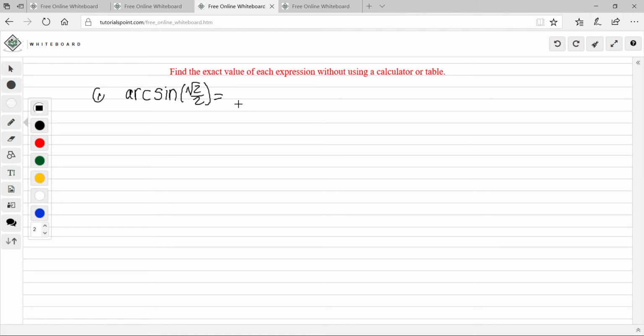You can actually rewrite this as sine inverse, because arcsine and sine inverse are the same, so you can rewrite it as sine inverse of root 2 over 2. Well, what does this mean?